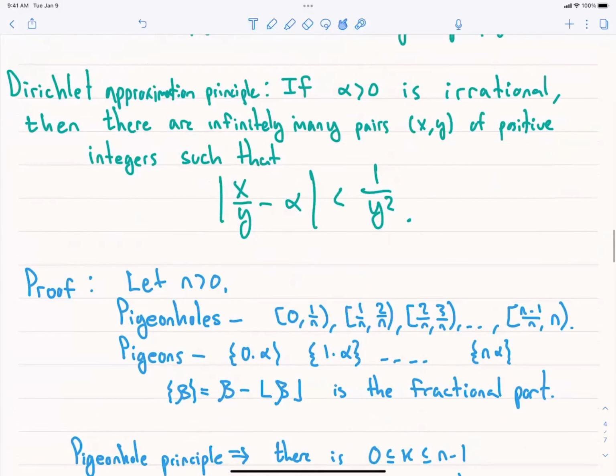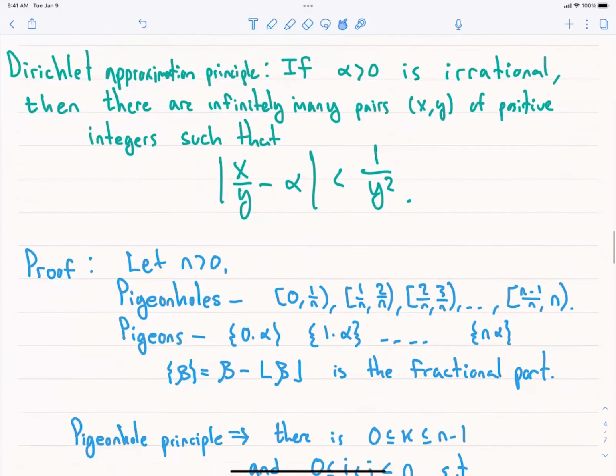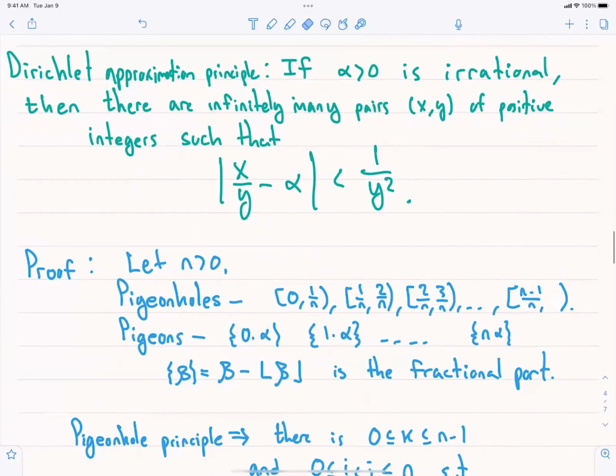Okay, so how do we see this? Well, we're going to use the pigeonhole principle. So what are my pigeons and what are my holes? For my pigeonholes, I'm going to fix some positive integer n, which is larger than 0. And then I'm going to subdivide the interval from 0 to 1 into intervals of length 1 over n.